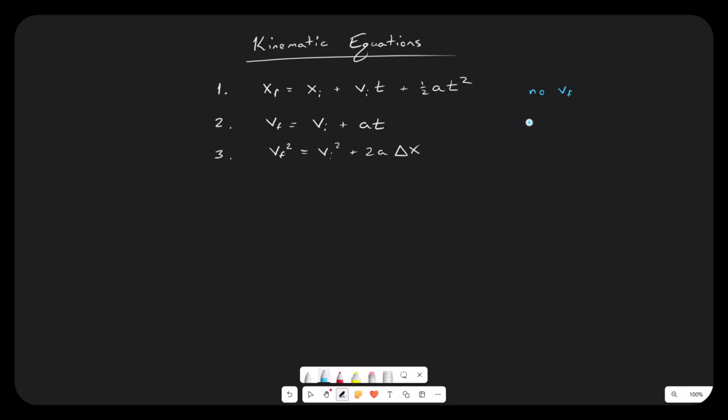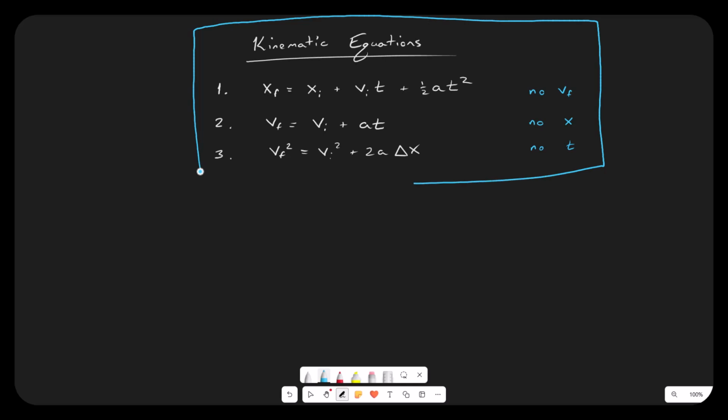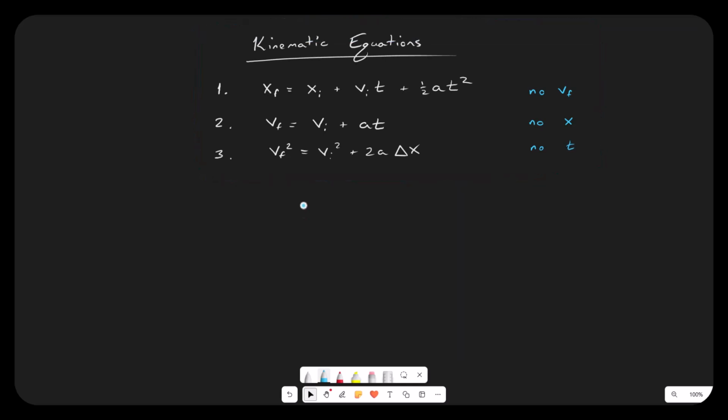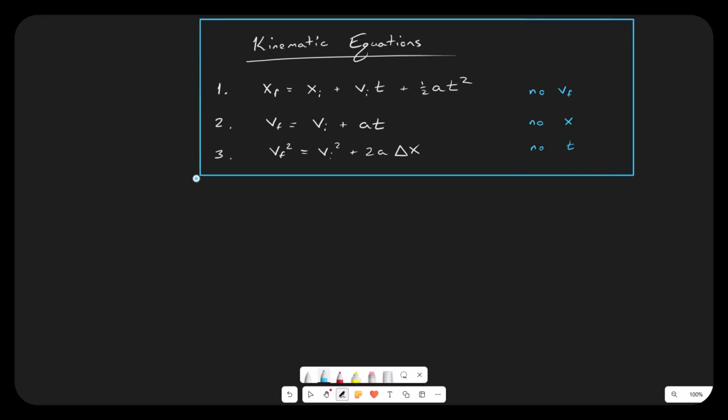The second equation doesn't have any information about x, and the third equation doesn't have any information about time. This together is a bit of information that I use so often that I want to set it aside and have it for easy reference.